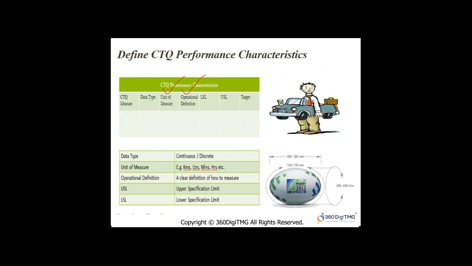We'll look into operational definition using this example, and then we'll see a few more examples because this is extremely important. If I ask you how much time do you take to reach office from your home, what would you say? Probably you'll say 15 minutes or 20 minutes. That's fine. But how are you measuring the time?